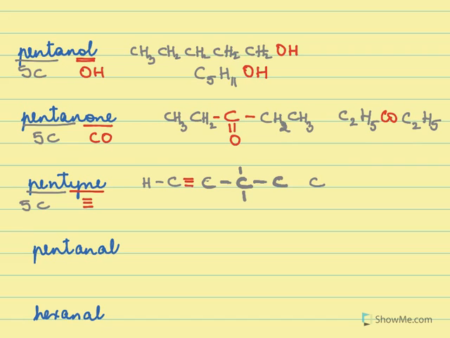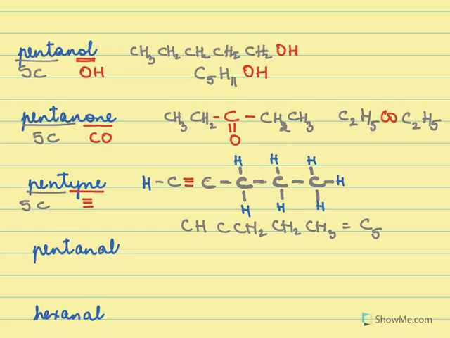The next carbon can hold now 1, already 3, 4. And here the last carbon, 1, 2, 3, 4. Let's put the hydrogens. So we have all the hydrogens here, 1, 2, 3, 4, 5, 6, 7, and the 8 hydrogens. So the formula for this, if you want to write it at length, will be CH, C, CH2, CH2, CH3. But this is not what we write usually. We write C5H8.